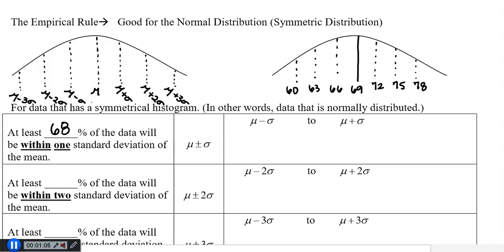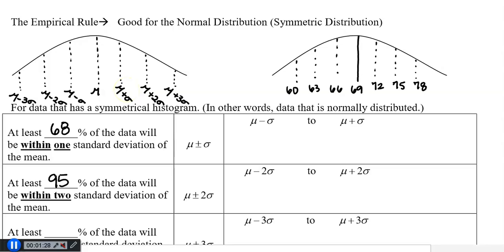It says that at least 95% of the data will be within two standard deviations of the mean. So if you were to subtract two standard deviations from the mean and add two standard deviations to the mean, at least 95% of that data is going to fall between those two values.